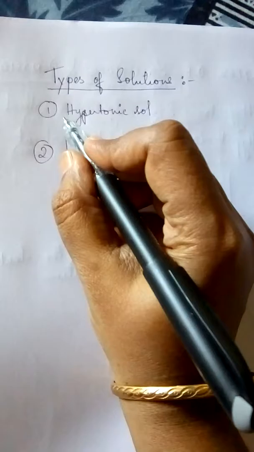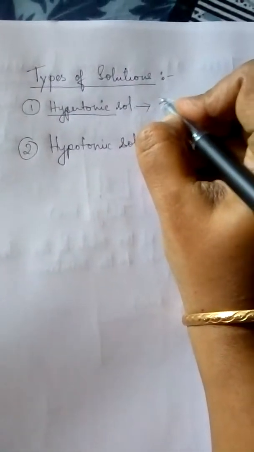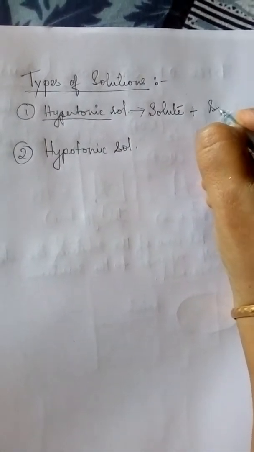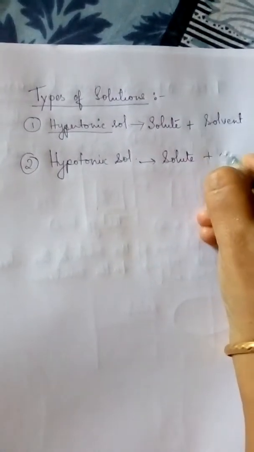Now what is a hypertonic solution? We all know solutions are made up of solute dissolved in a solvent. So this is applicable for both hypotonic as well as hypertonic solutions. What is the main difference between them? That is the relative concentration of the solute or the solvent.